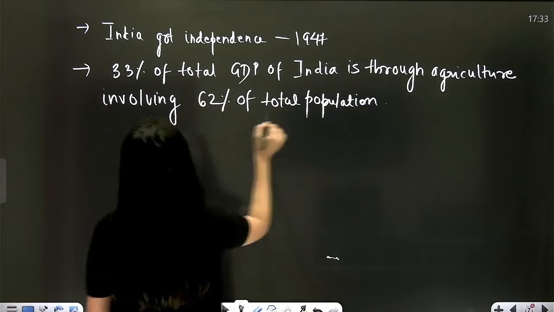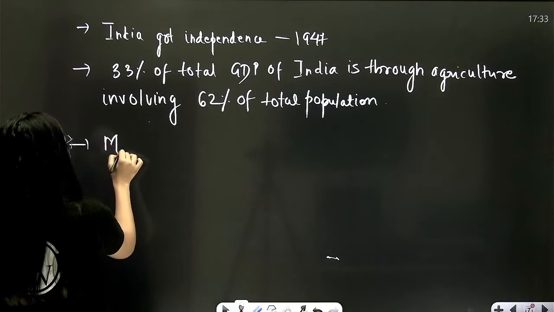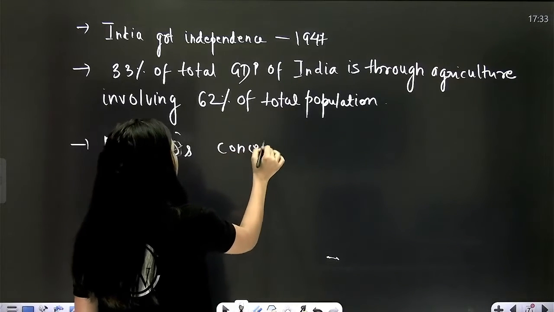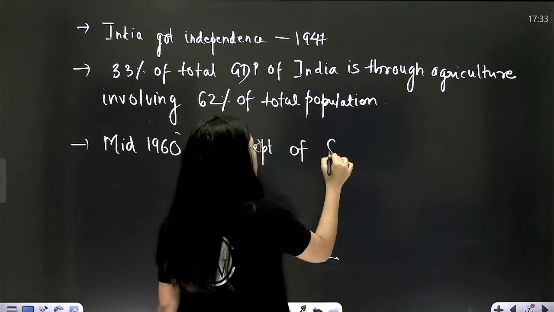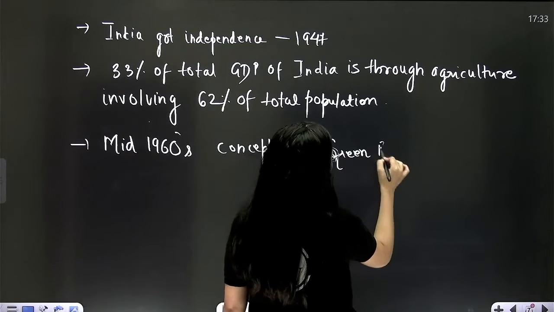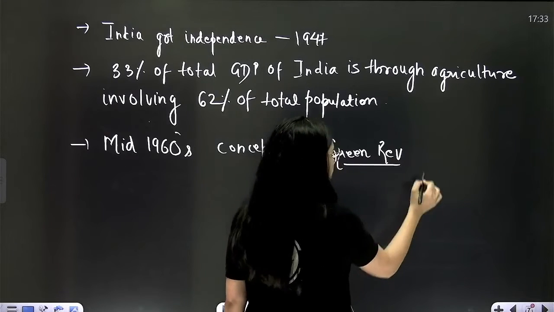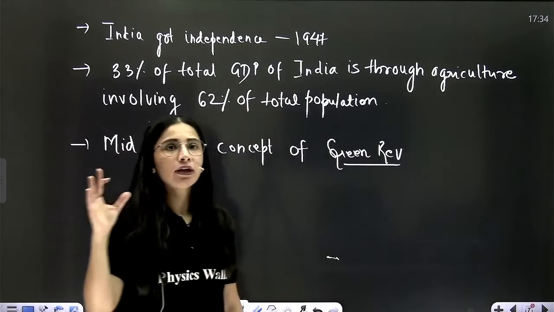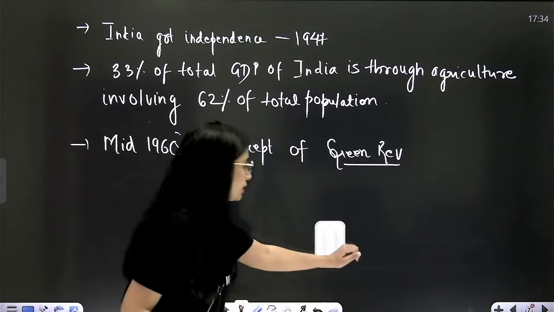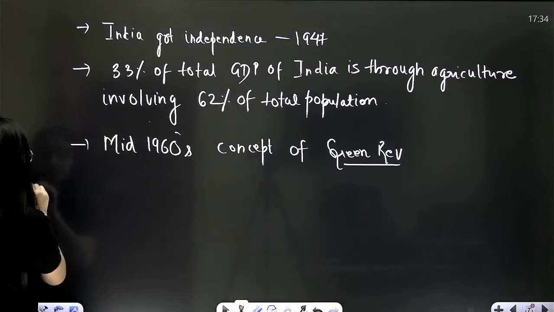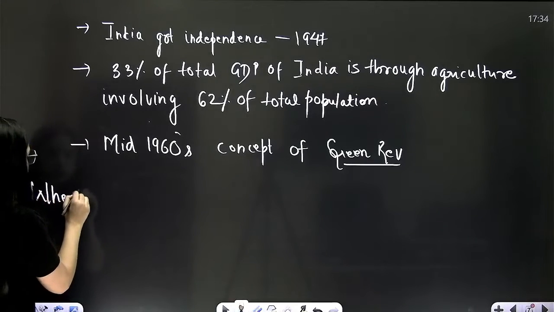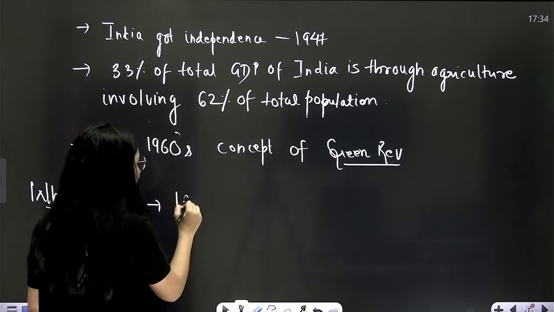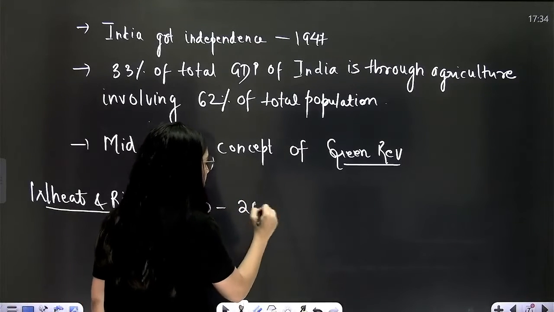Next important point, beta. During mid-1960s, the concept of Green Revolution was introduced in India by Swaminathan, and across the world by Norman Borlaug. Now, with the help of this hybridization technique, the production of wheat and rice got tremendously increased from 1960 to 2000.